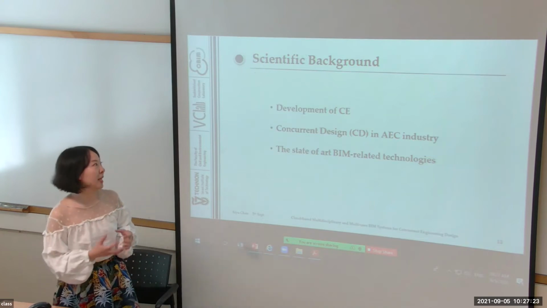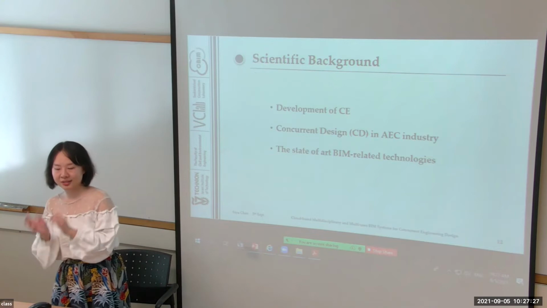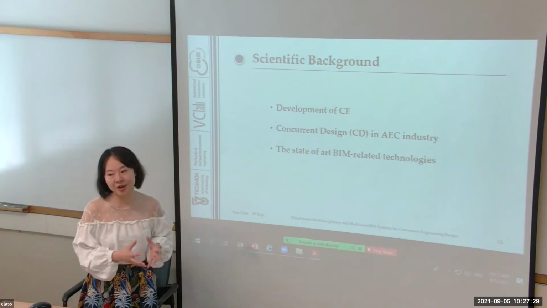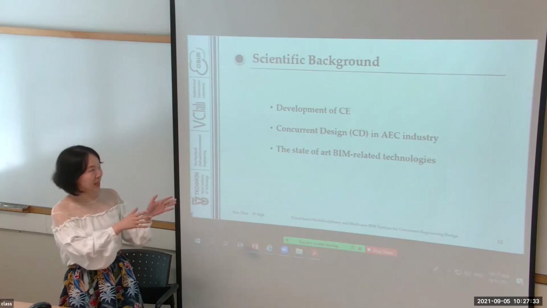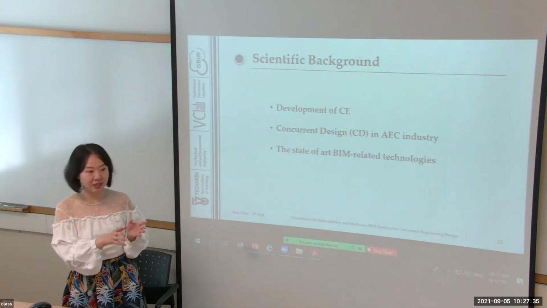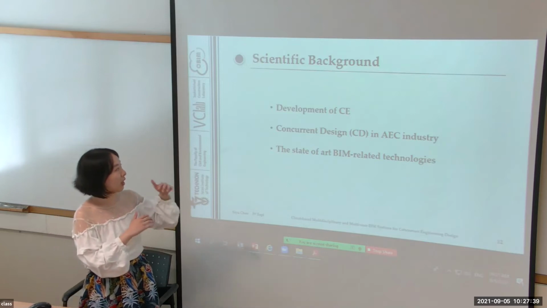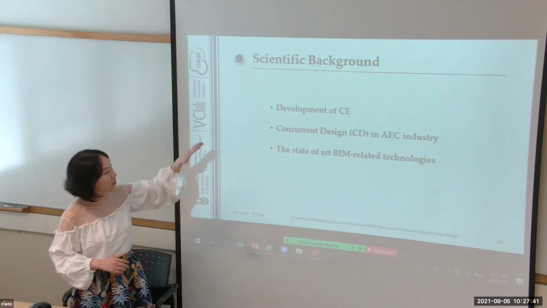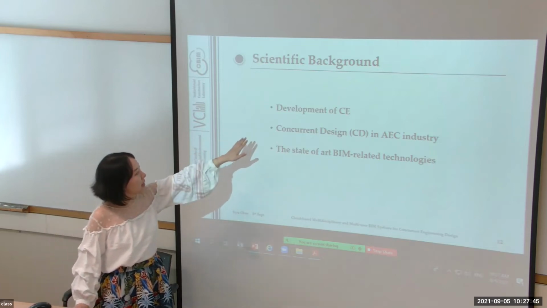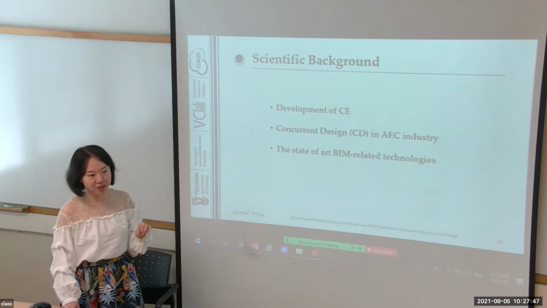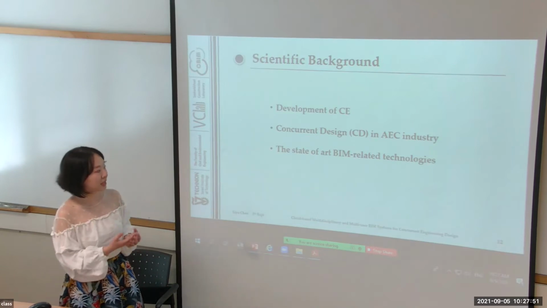So far, we have narrowed down our research scope to the design phase and clarified that we need a new paradigm. Now, as the next step, I will show you the feasibility of this research by showing you the scientific background from these three aspects. The first aspect is the development of concurrent engineering, and I will analyze why we need concurrent design.